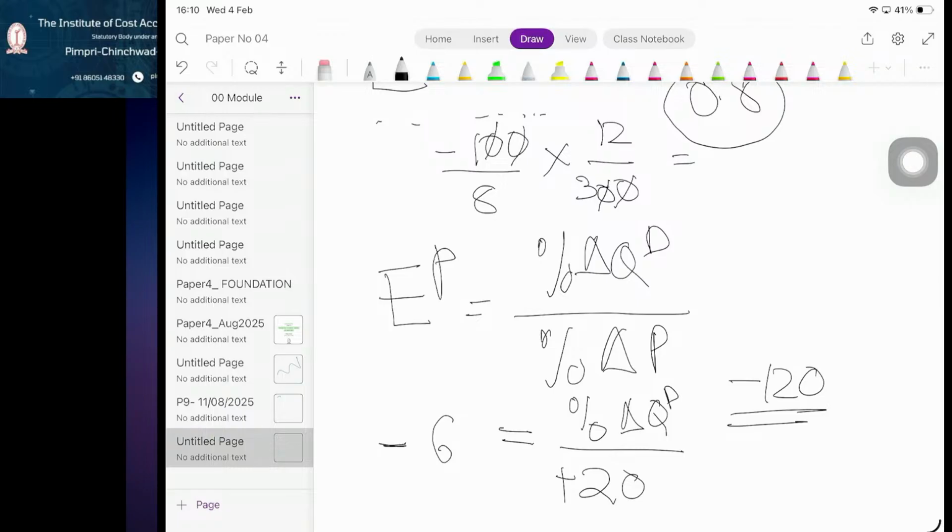Okay, but there's no option like this given here. Check whether the answer is right. What is the answer they have given? 120% decrease. Correct. So it should be 120% decrease. That should be the answer.